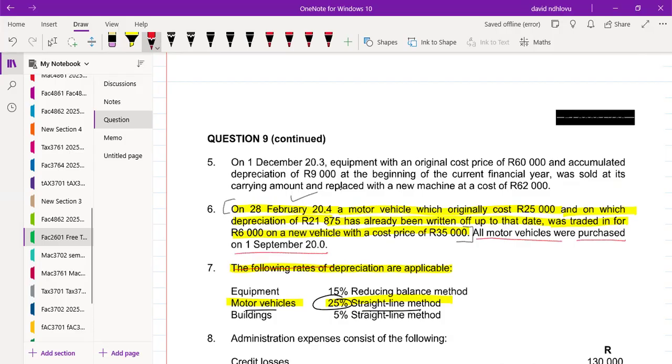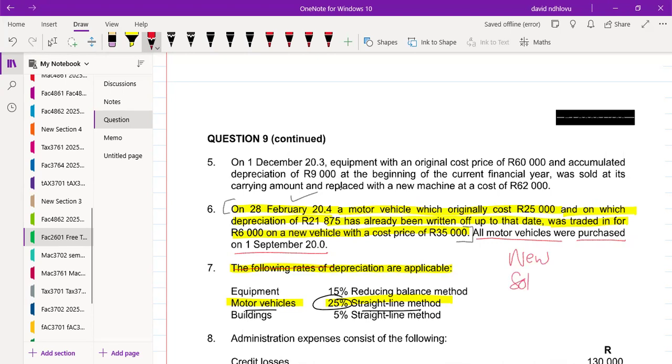Here, remember, I know that we had vehicles. Then in the current year, we sold one, which we traded in for 6,000, and we received another vehicle. So what I know is that I need to categorize my vehicles into three. There is the one that we bought now, which is the new.